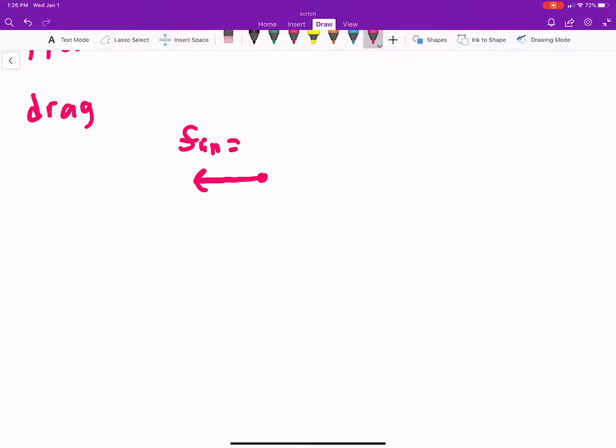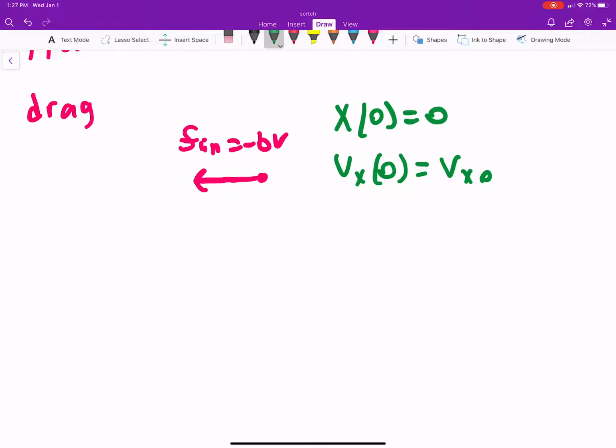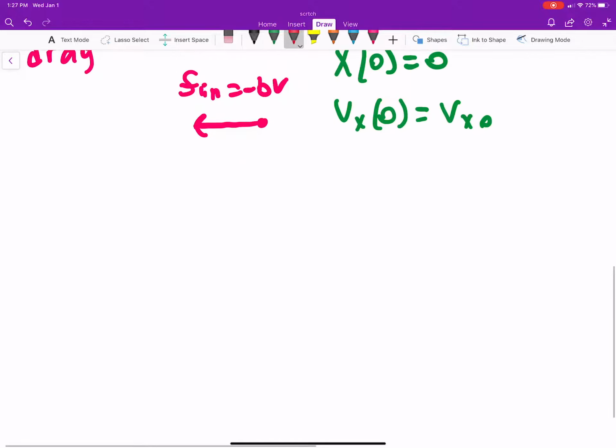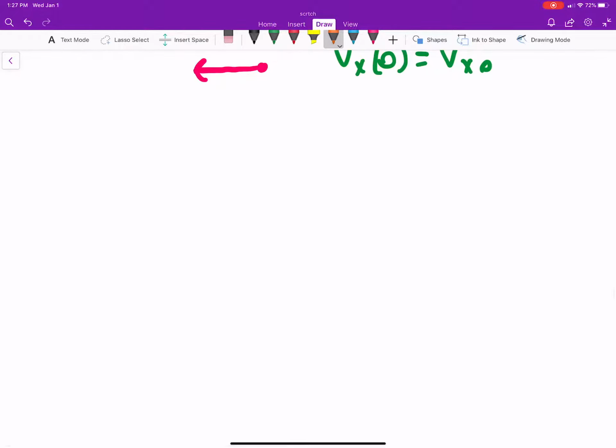The linear force, which is minus bv. And just to set up a few initial conditions, we'll say that our initial position at time 0 is 0, and our initial velocity is just vx naught. Okay? So, doing this, we can write the first derivative of velocity in the x direction as minus k vx.